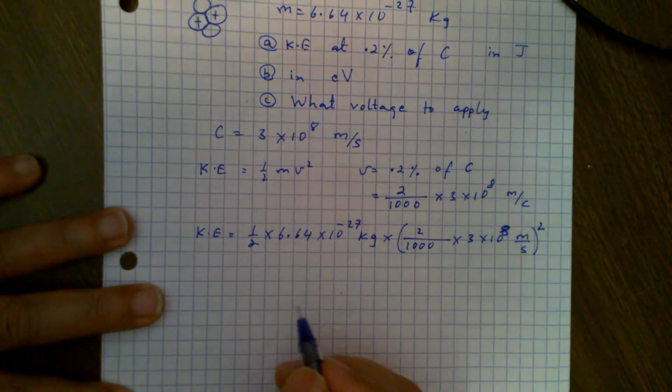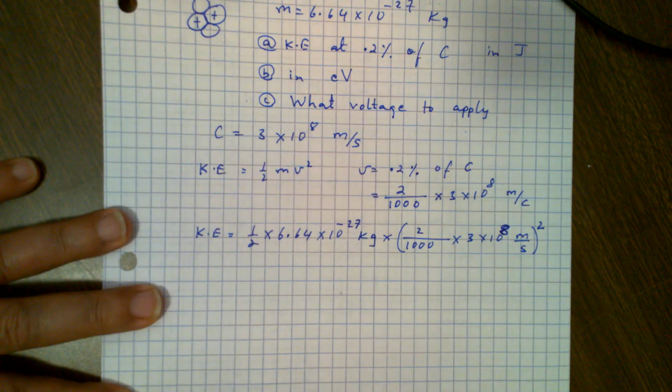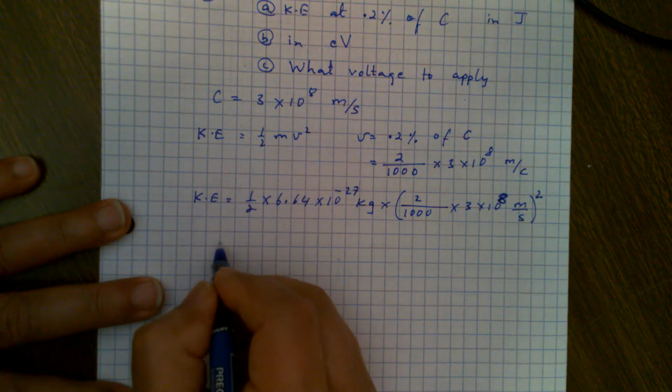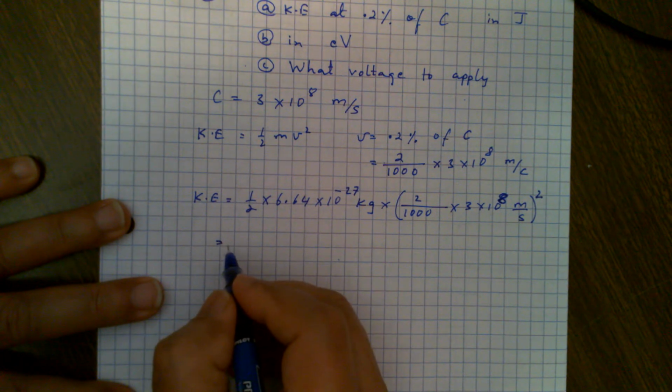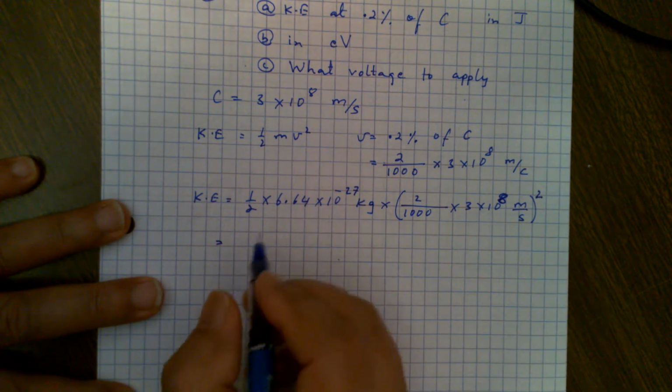Okay, so that's your kinetic energy. All right. So all we have to do is just plug it in. So instead of just putting it in the calculator, I'll do this.